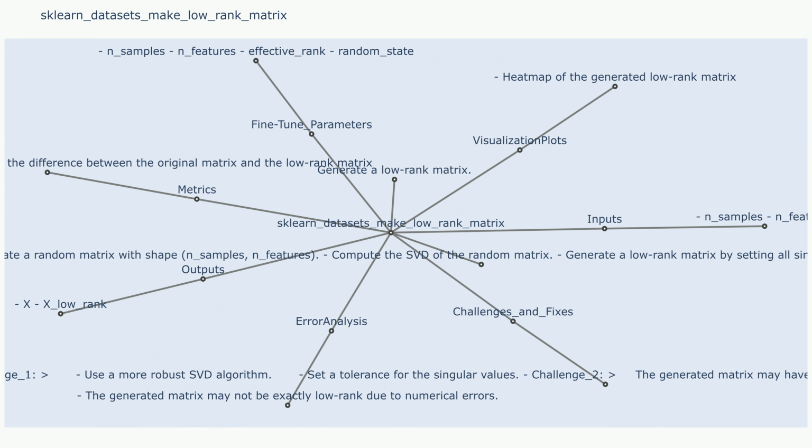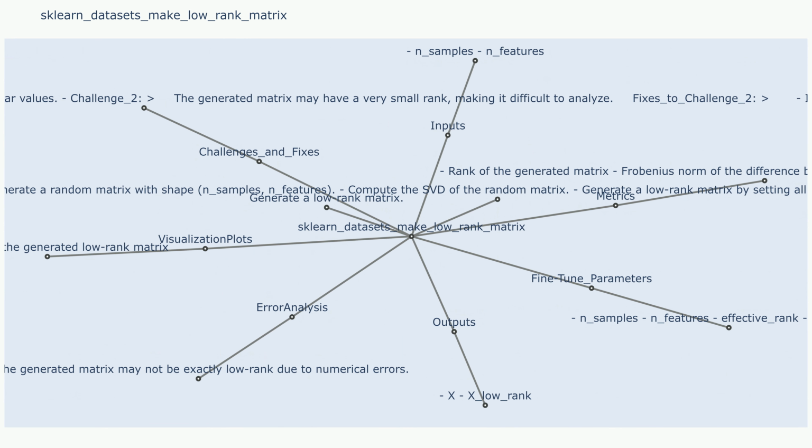The generated data might not exhibit the same patterns or trends as observed in actual low-rank datasets. Fixes to challenge 2. Consider incorporating additional constraints or assumptions about the data during generation. Use domain knowledge to guide the selection of parameters, ensuring the generated data reflects real-world characteristics.